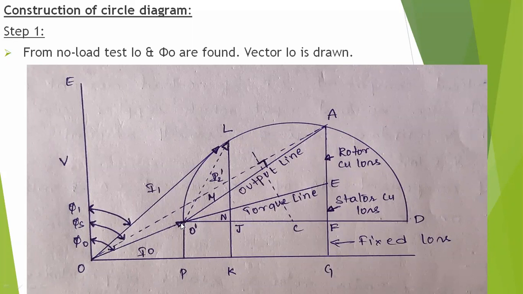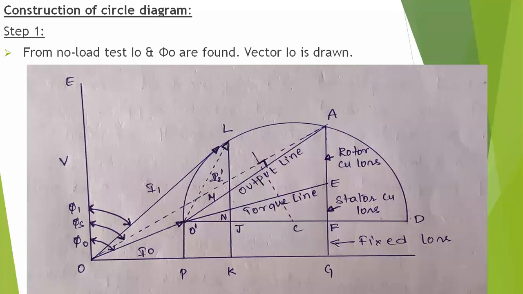Clearly see how we are getting the center of the circle. If the chord O dash A is bisected at 90 degrees, you get point C. So this is the center. OC is equal to CD, and now we get the diameter of the circle.